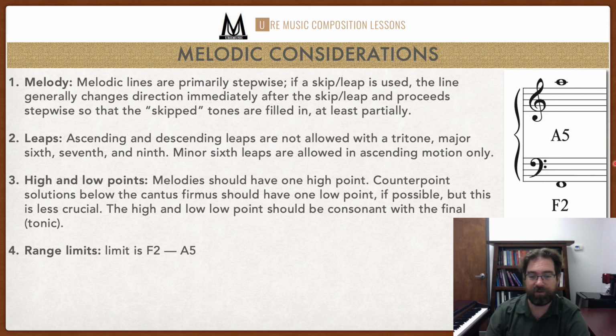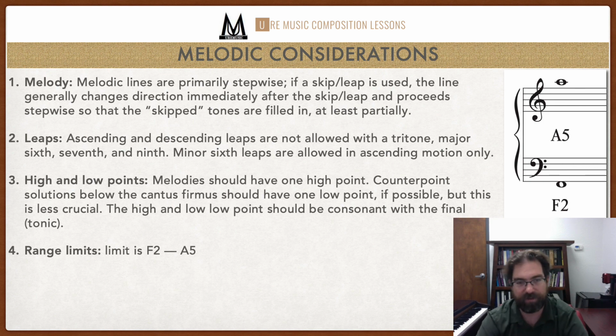And here's your range limit. You can go from F2 all the way up to A5. But you can't go above A5, and you should never start a counterpoint on A5. I did that once as a graduate student, and I got a big mark on my paper that says never do this. You have to think about it in terms of the choir. Generally, counterpoint was written for choir, so we want something that's easy to sing.